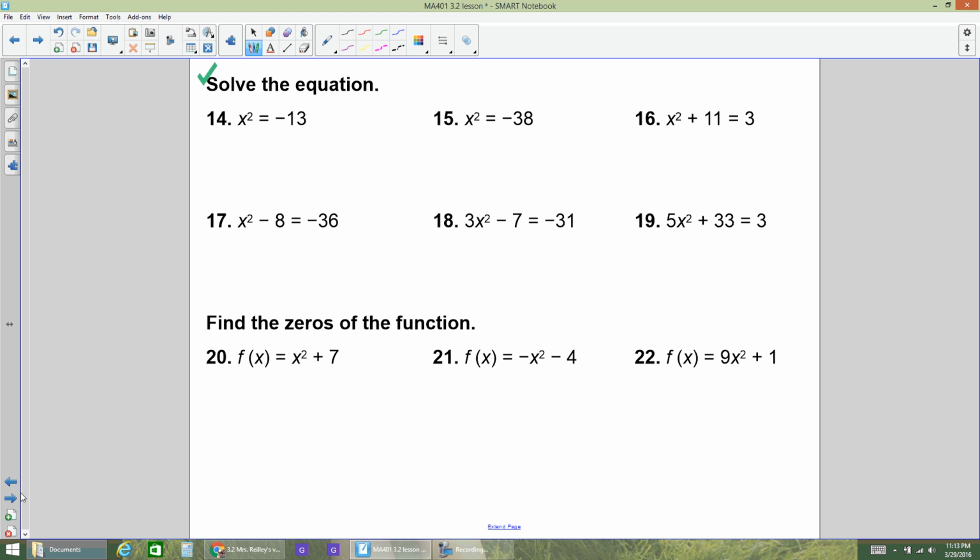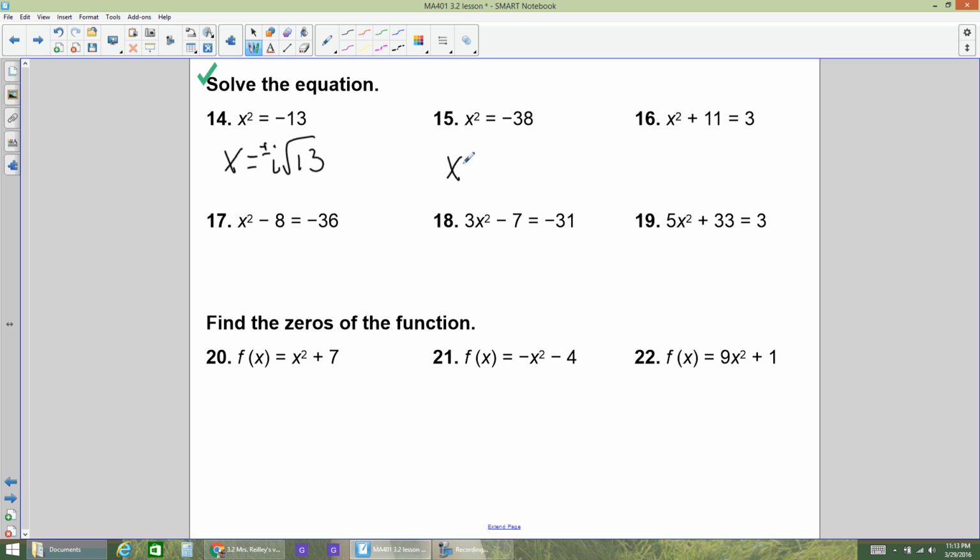Alright, here we are. Big page, lots of problems. Solve the equation. These are meant to just, some of them be quick in your head, so pause the video because I'm going to start writing down answers. Alright, this is x equals i radical 13 with a plus or a minus.